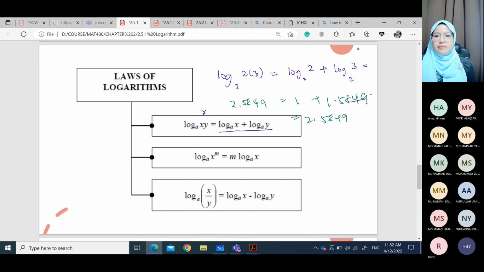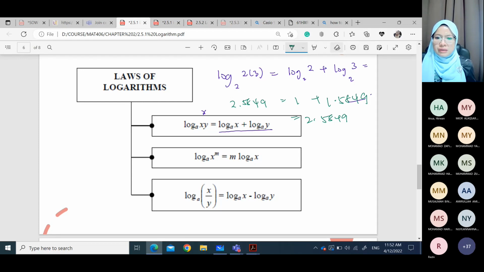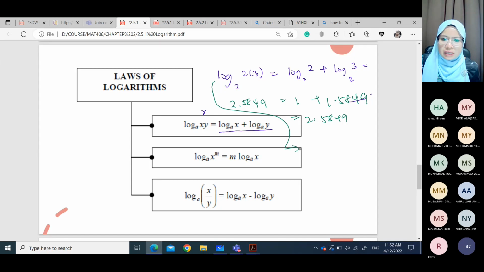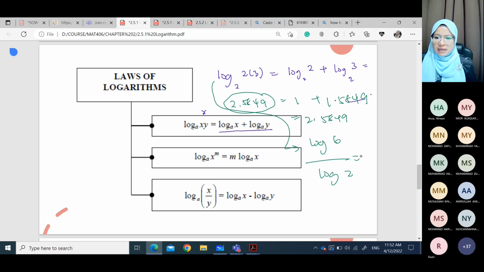Okay. Right, boleh eh? Mana yang guna MS991 tadi? So you boleh type dekat situ. Panjangnya sikit lah. So log 6 over log 2. So you akan dapat jawapan yang sama. 2.5849. Okay.